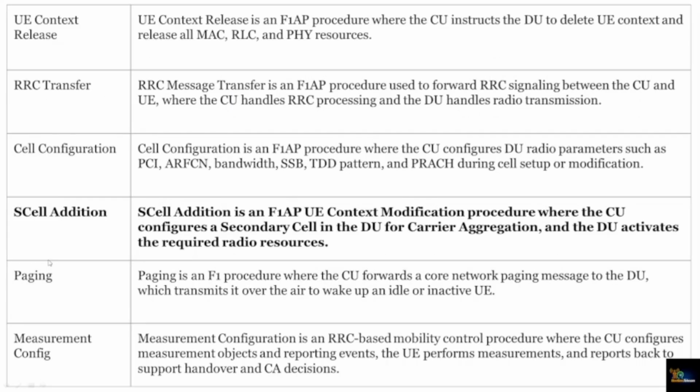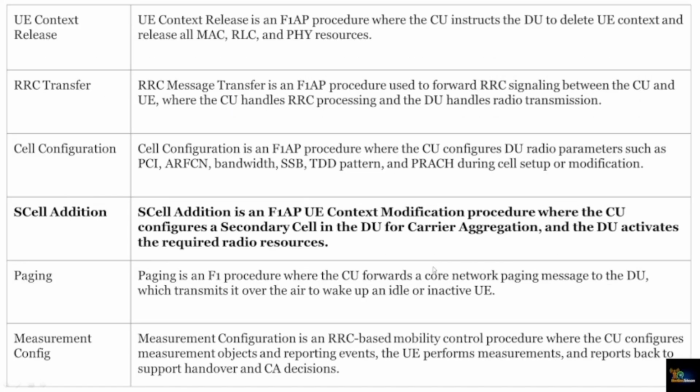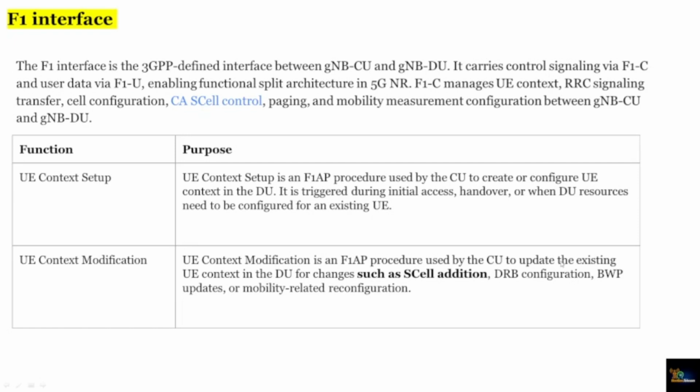When call setup happens, the UE context is set up, and when UE context modification happens, the F1AP UE context modification procedure is used by the CU to update the existing UE context in the DU for changes such as SCell addition, DRB configuration, BWP update, and mobility reconfiguration. All these things happen in UE context modification.